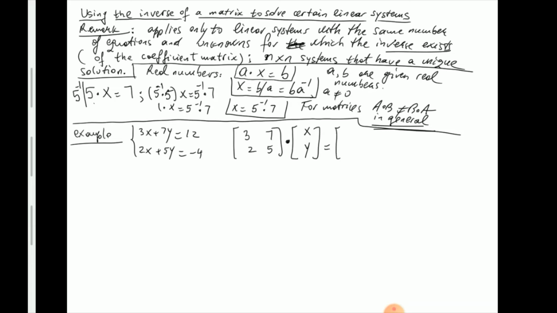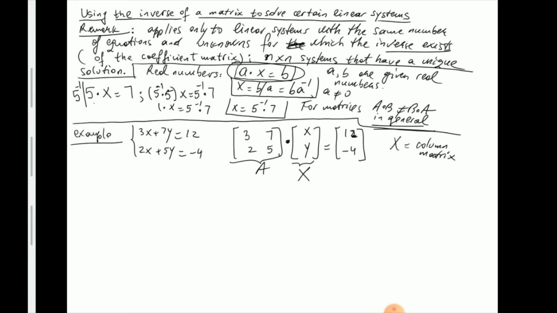And the right-hand side can be, again, comprised into a column of real numbers. So it's analogous to what you have for real numbers: A times x equals b, except now by x you mean a column of the unknowns. Sometimes in books this is given by big X. So big X will be a column matrix which contains all the unknowns.